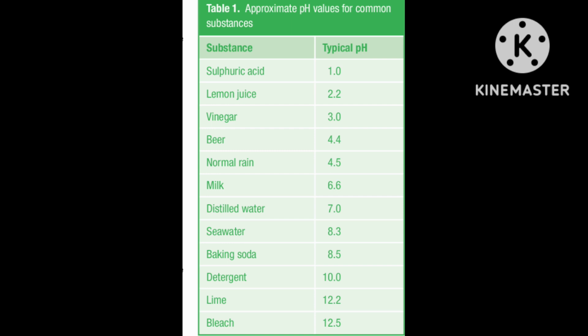Suppose 3 reactions were there, then K1 into K2 into K3 is equal to K net. That is called K net. For the first reaction K1, second reaction K2, third reaction K3, then K1 into K2 into K3 is equal to K net.